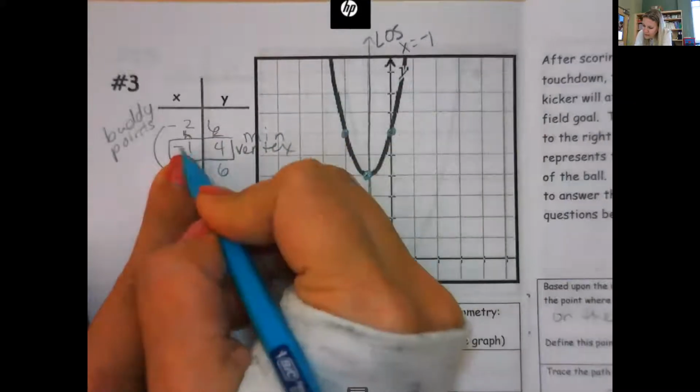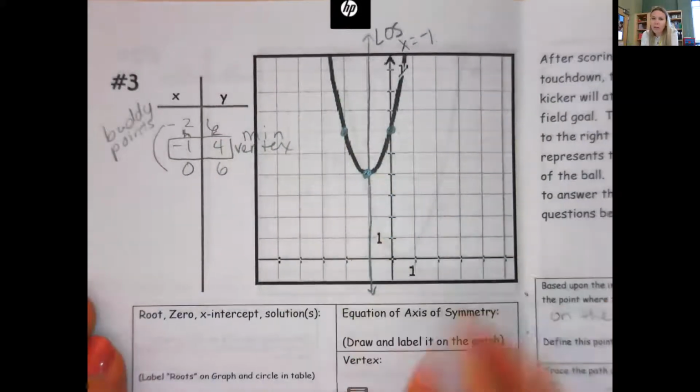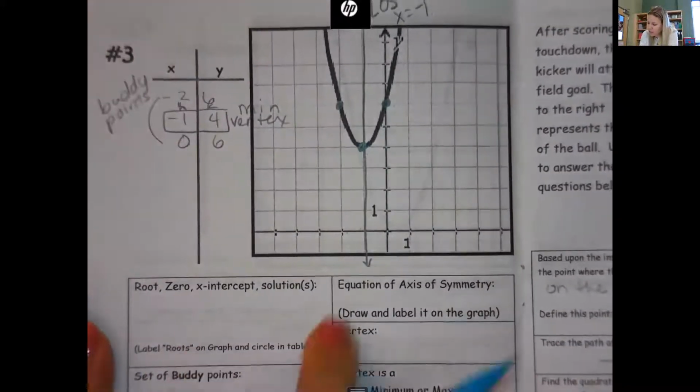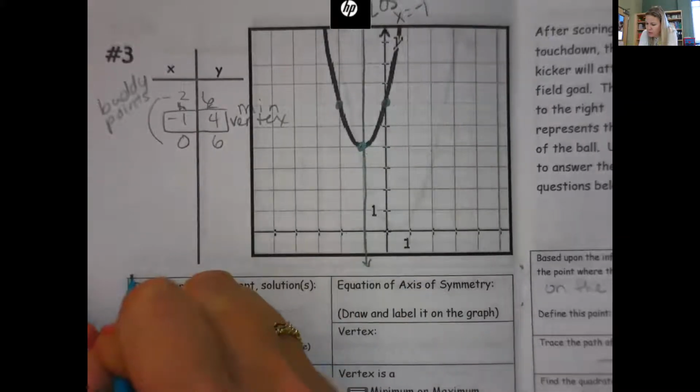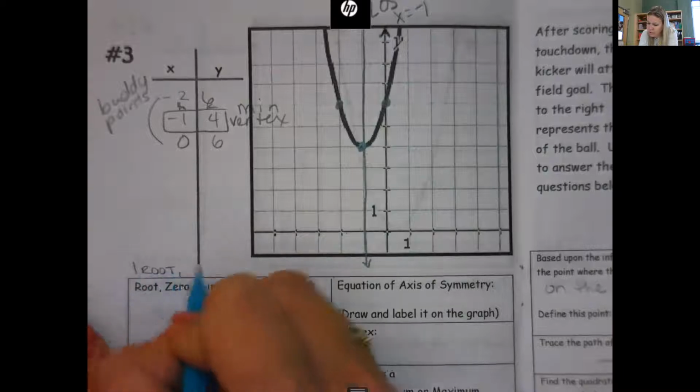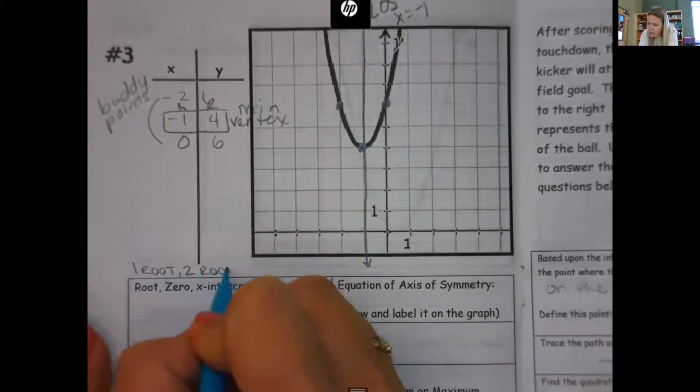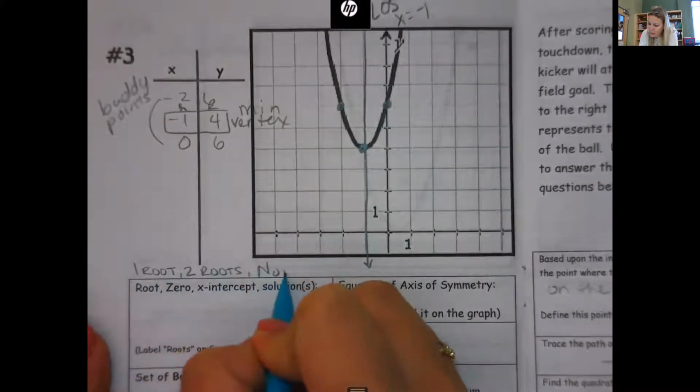So this matches that. We can look here based on roots, x-intercepts, zeros, and solutions. So remember on roots, we can have 1 root, we can have 2 roots, we can have no roots.